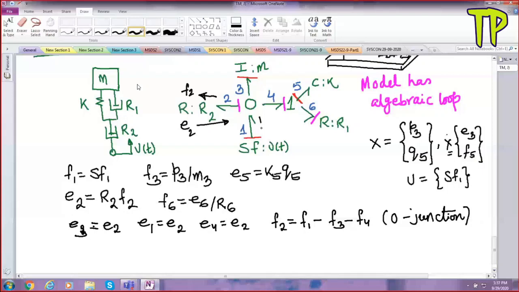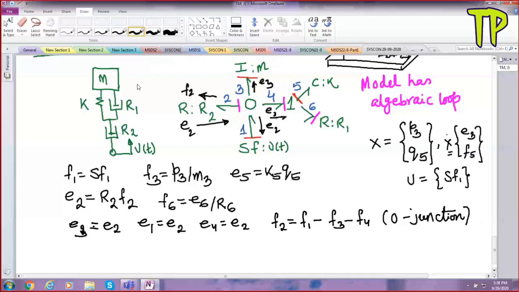Effort goes towards the stroke dent. So here, this zero junction strong bond is bond number 2. E2 is input to the zero junction. E3 is the same as E2, of course.